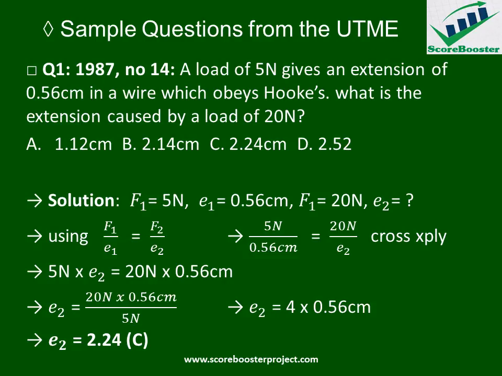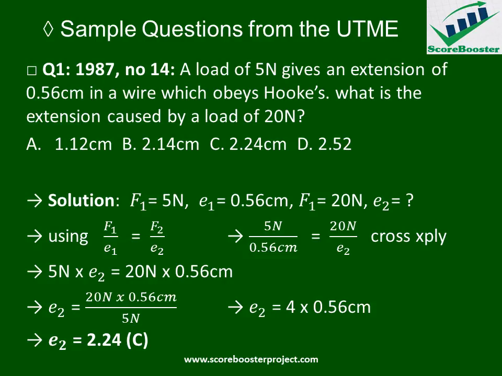Now using the formula F1 over E1 equals F2 over E2, then when we substitute, that will give us F1, which is 5 Newton, divided by E1, which is 0.56 centimeter, then equals F2, that is 20 Newton, over E2 unknown. Then we can cross multiply.